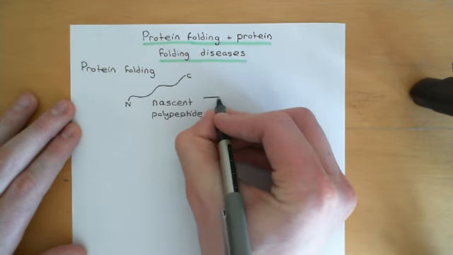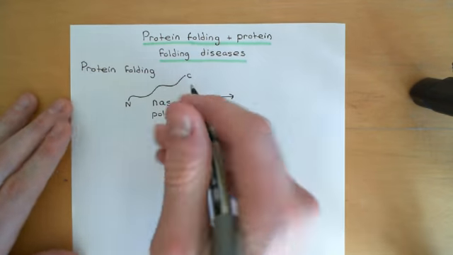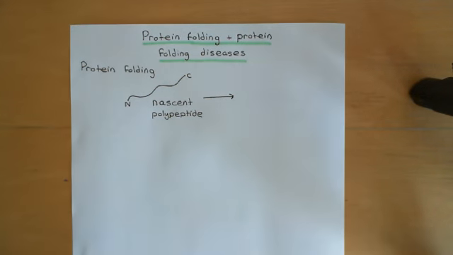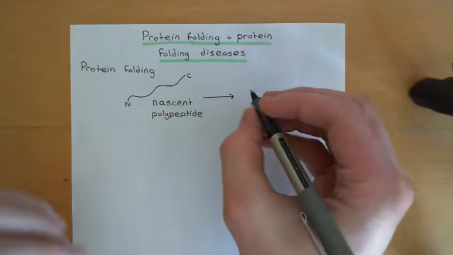Folding is the process by which this adopts a three-dimensional structure rather than just being a linear polymer of amino acids. Folding involves it acquiring both secondary and tertiary protein structures, and if they exist, also quaternary protein structures.